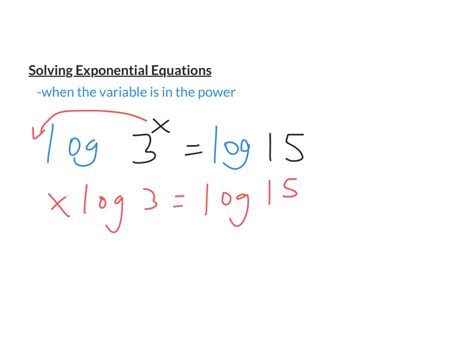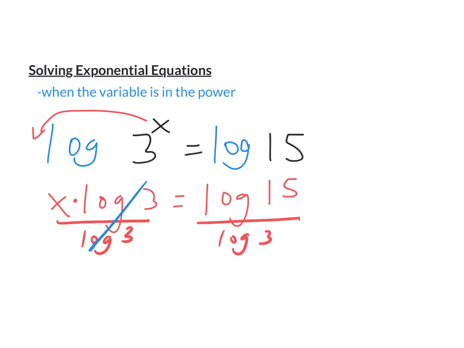Well, this means x times log of 3. So how do I get the x by itself? Divide by log of 3. Go back here. So I would divide this side by log of 3 and this side by log of 3.